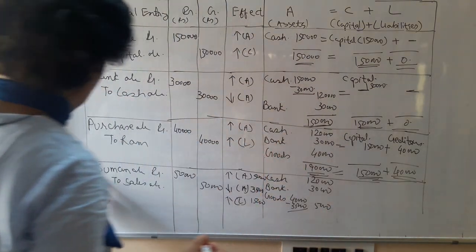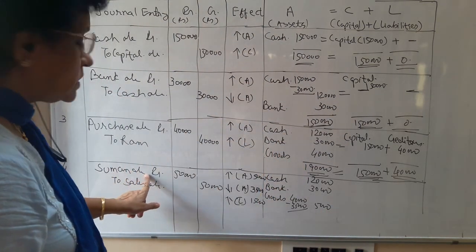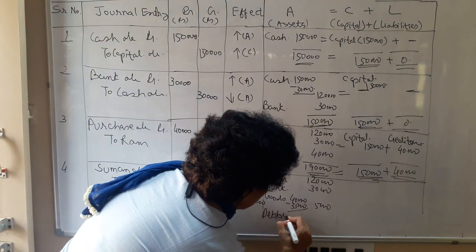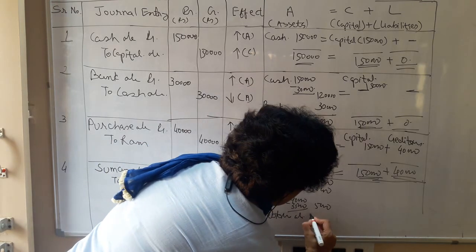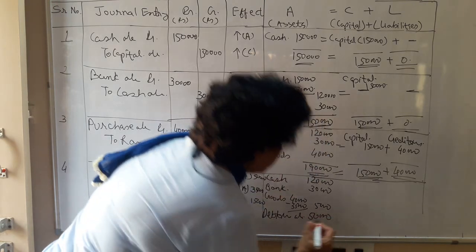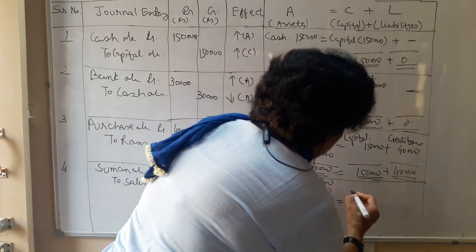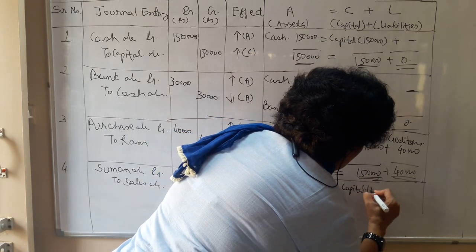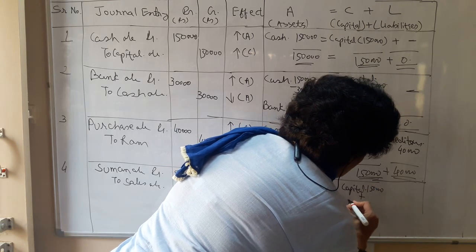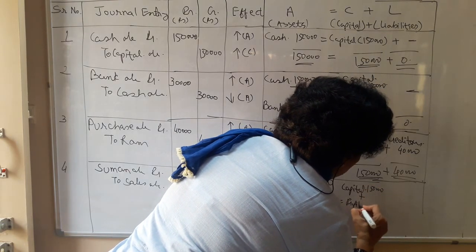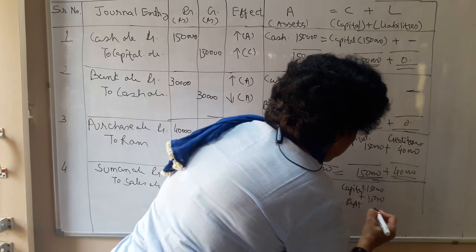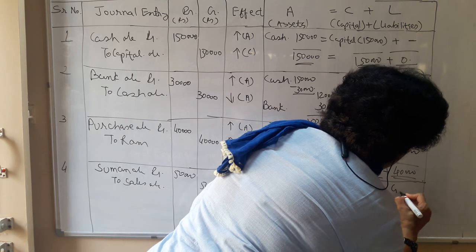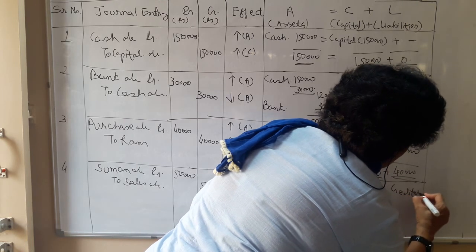Then one more asset increase in the form of Suman, that is the debtor. Debtors account, that is your 50,000, is equal to your capital 1,50,000 plus profit 15,000, and liability creditors are the same, 40,000.